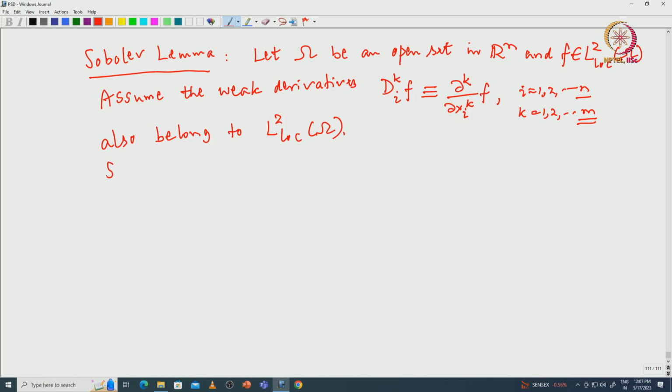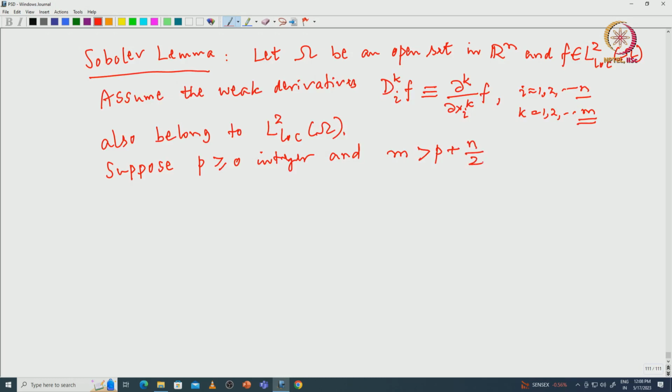Suppose p is a non-negative integer, and here is the condition on the number of derivatives, dimension and this p: m is bigger than p plus n by 2.